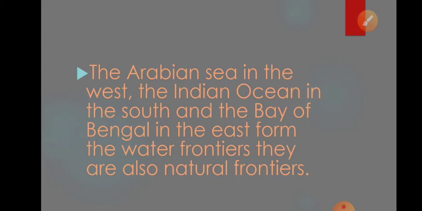The mainland of India has a water frontier of about 6100 kilometers. The total length of India's coastline, including the Andaman and Nicobar Islands as well as the Lakshadweep Islands, is 7516.5 kilometers. In the west is the Arabian Sea, in the south the Indian Ocean, and in the east the Bay of Bengal. These are the water frontiers.